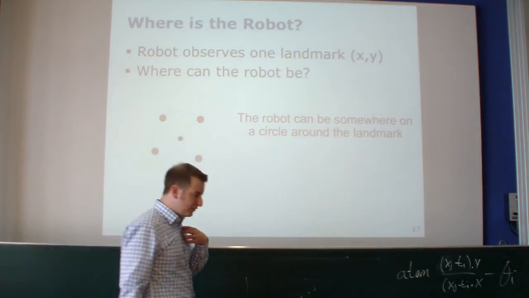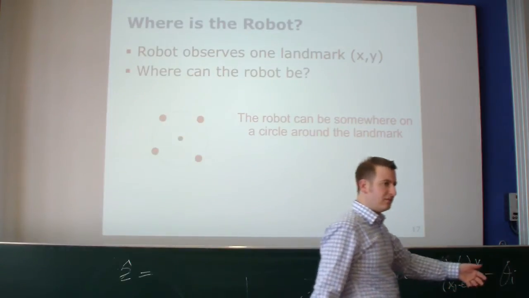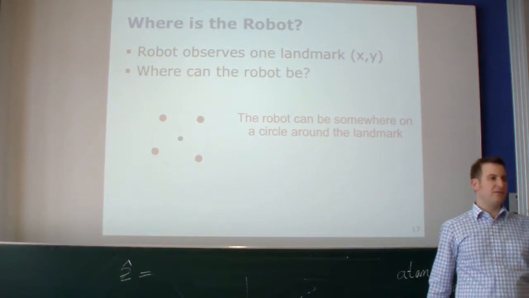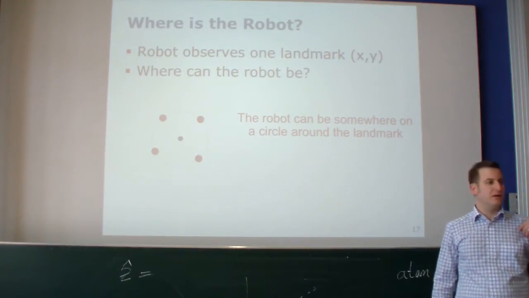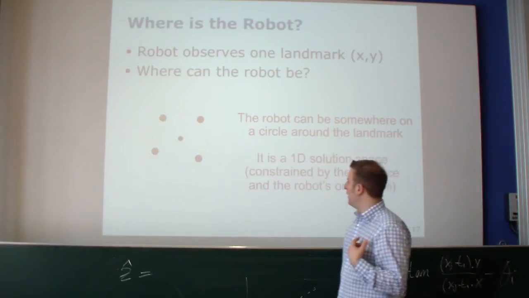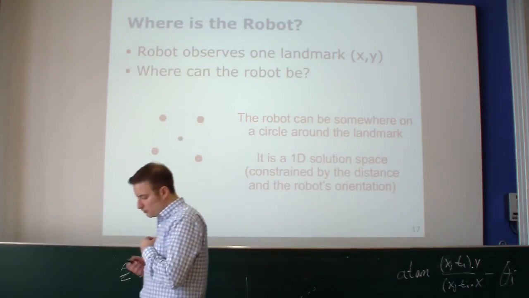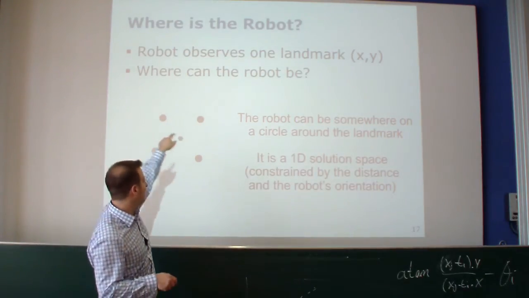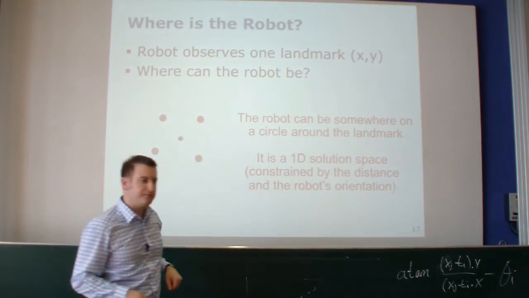So it's a problem: if I observe a landmark from one position, and I know where the landmark is, I cannot recover the pose of the robot completely. The solution I get is a 1D solution in space, somewhere on that circle.